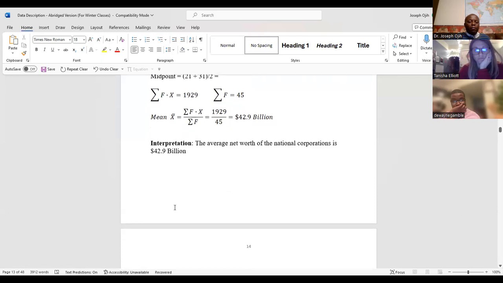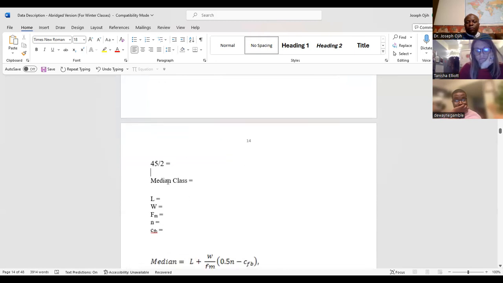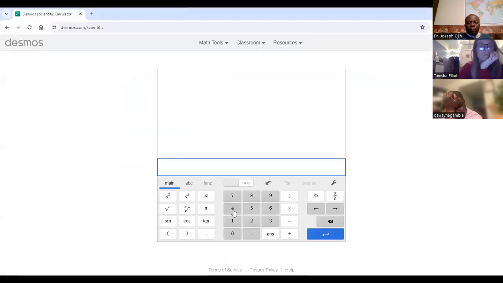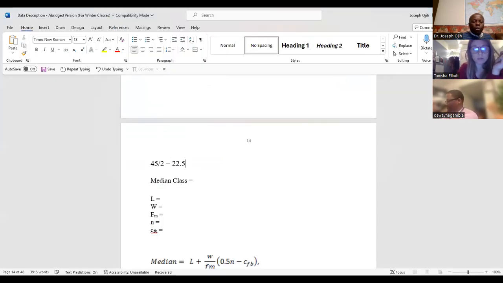So halfway will be 45 divided by 2, which is 22.5. So it's the total of the frequency divided by 2. That will give us the location of the median. So the median is located around the number 22.